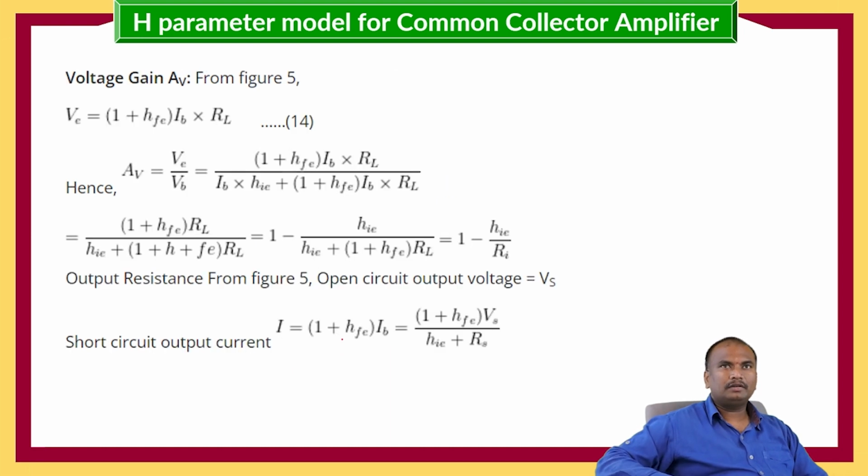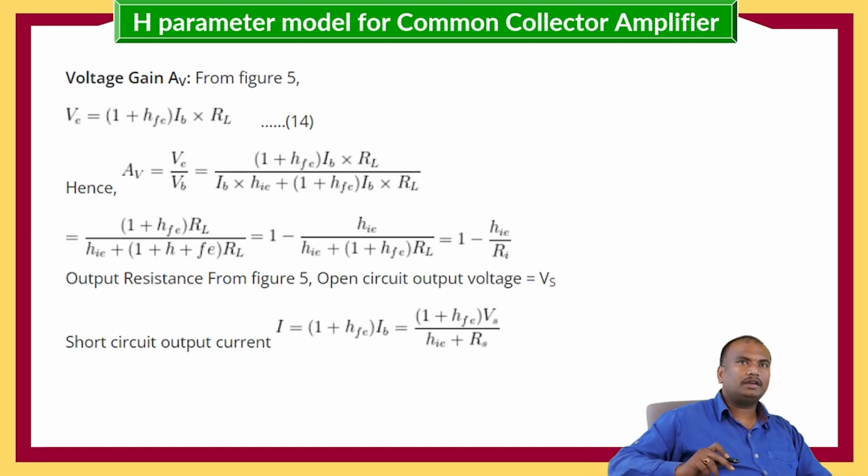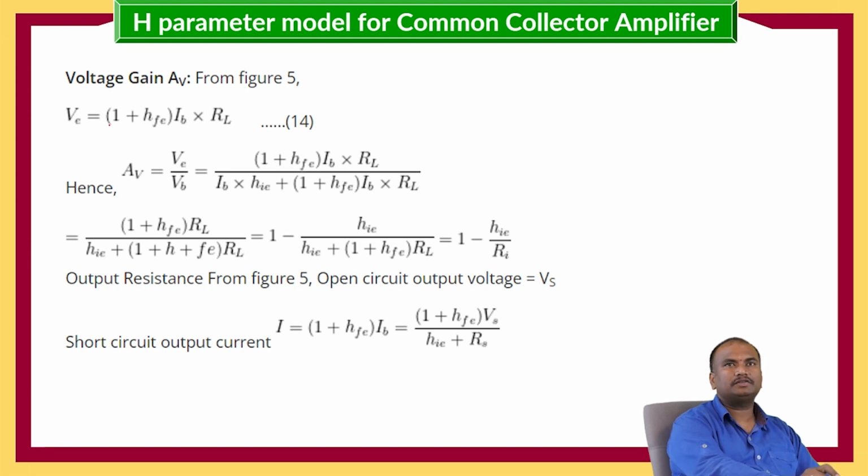And the voltage gain from the above figure: VC is equal to 1 plus HFE into IB into RL, where AV is equal to VC by VB, which is equal to 1 plus HFE into IB into RL by IB into HIE plus 1 plus HFE into RL, where IB gets cancelled.